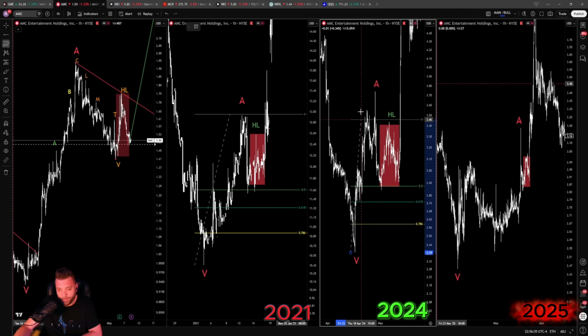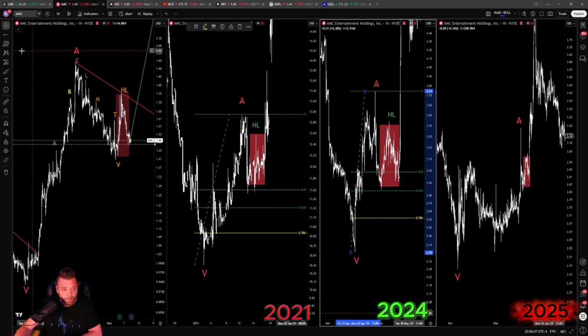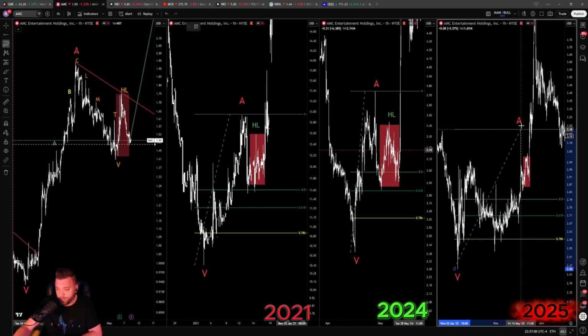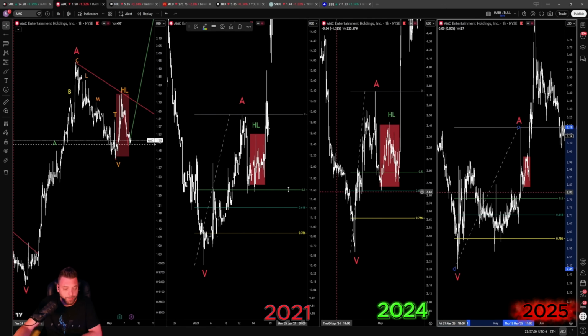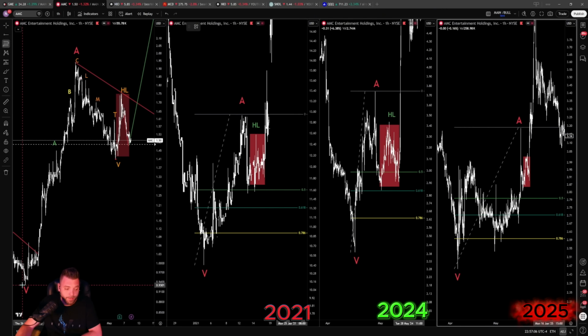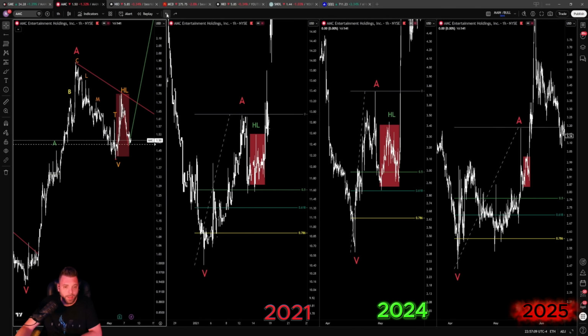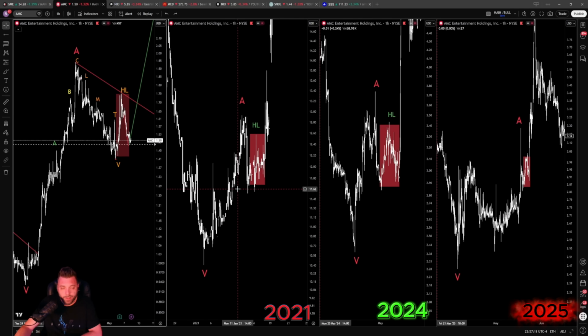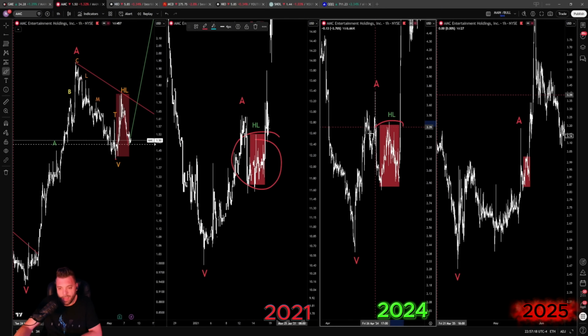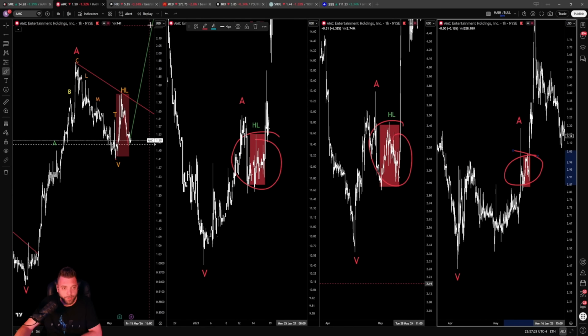In 2024, we did a 618 pullback. And in 2025, we came close to the 0.5. And in 2026, we came close to the 0.5. So the only thing which all three squeezes have one-to-one in common is the higher low. Every single one of them.